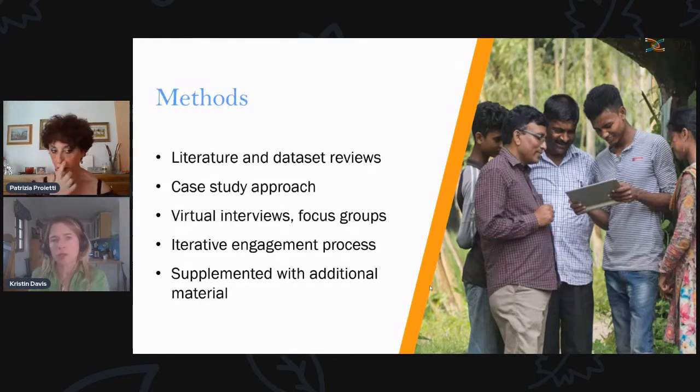We used a really iterative engagement process in that we went back and forth with the global community. We had a group of experts who advised us, helped us to select criteria for the promising case studies that we looked at, and they also fed back on our research findings and on the different promising cases.